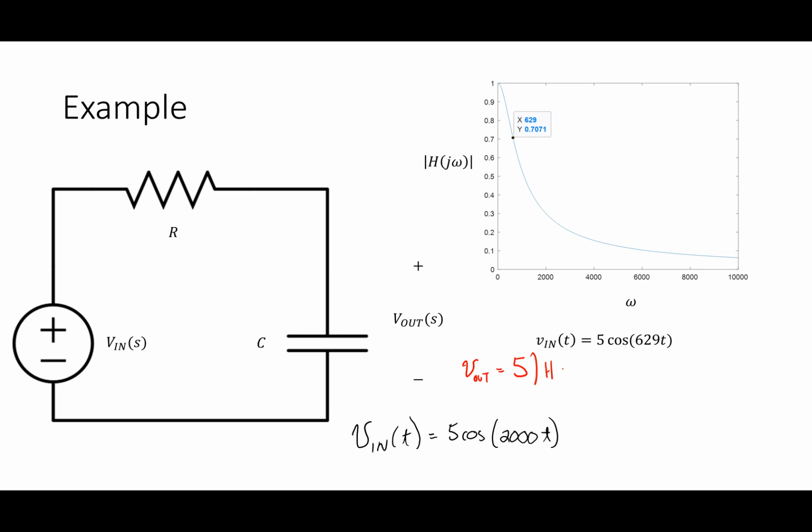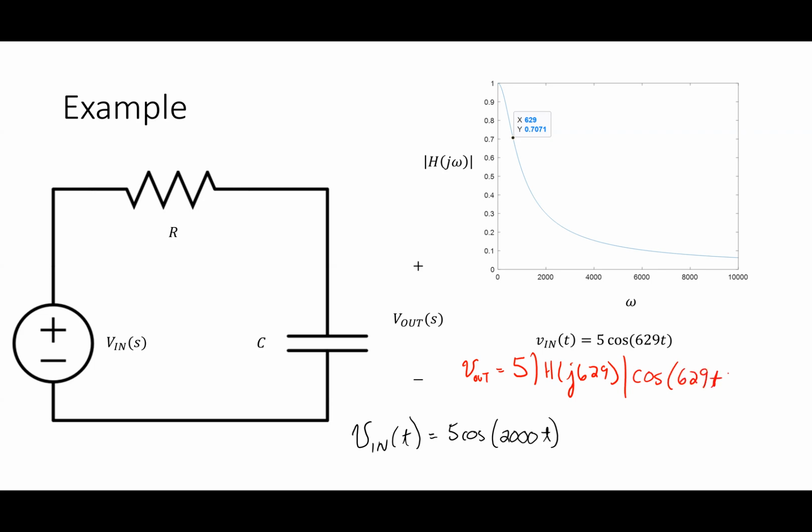If I have 629t, what's the frequency of cosine 629t? 629. Yeah, 629. So I'd say h of j 629, times the cosine of 629t.